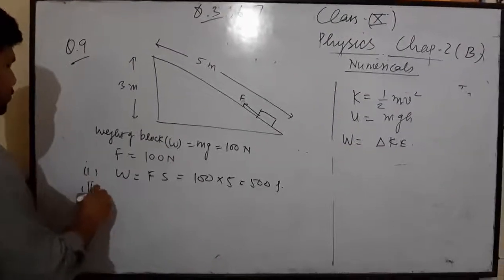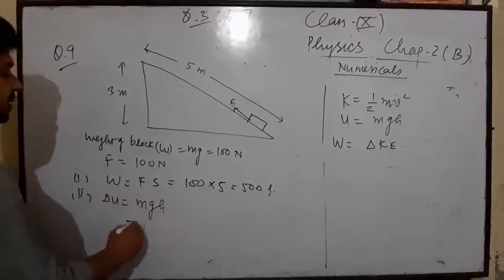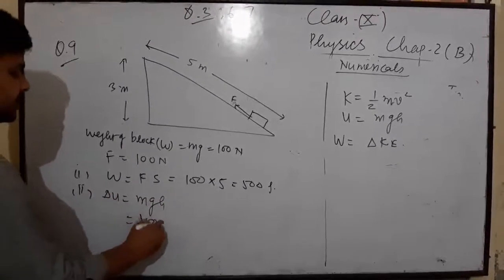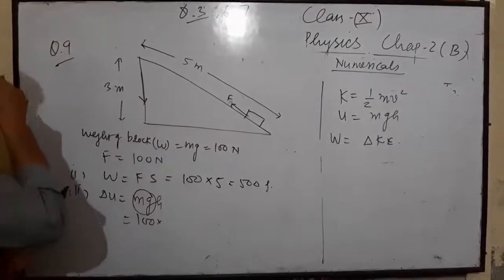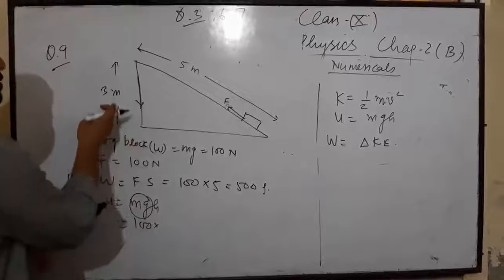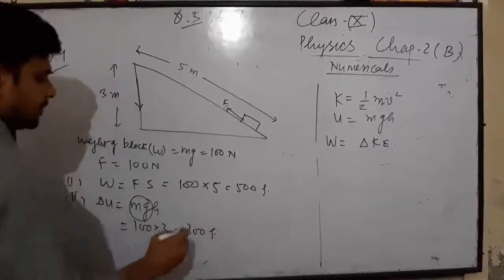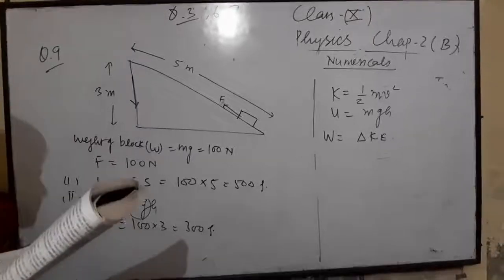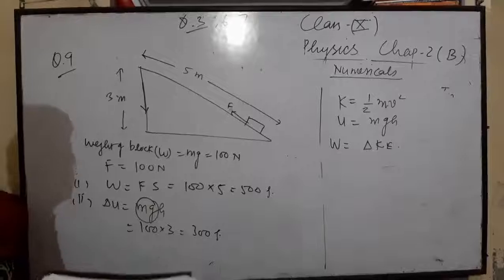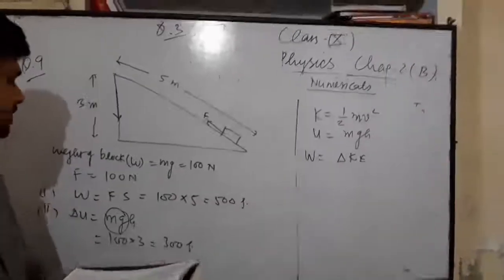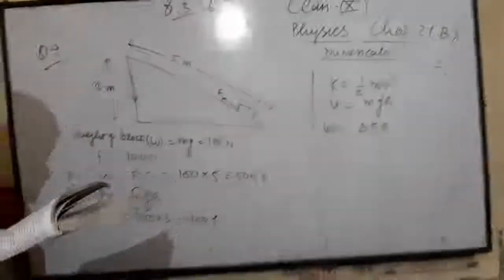So the increase in potential energy is given by mgh. mg is 100 Newton, acting in the downward direction as the weight of the object. So we have to take the vertical displacement: 300 joule. And account for the difference between the work done by the force and the increase in potential energy of the block. Due to friction, there is a difference between work done and the increase in potential energy.